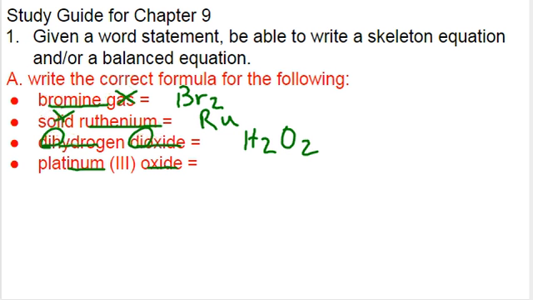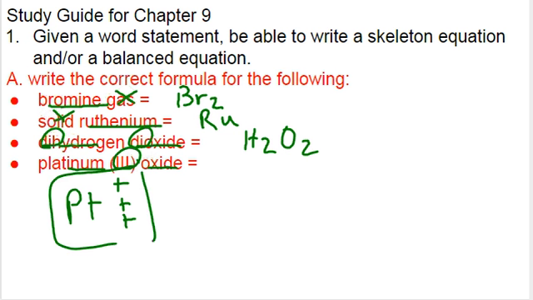Platinum oxide is a metal and a nonmetal, so I have to figure out how many electrons the metal is losing and how many electrons the nonmetal can gain. So the 3 here is telling me that platinum, which is a transition metal, is giving up 3 electrons in this case. Each platinum atom will donate 3 electrons. Oxygen, being in family 6, always takes 2, so 1 to 1 is not enough.